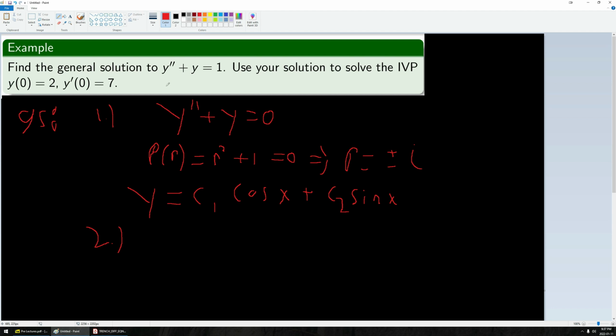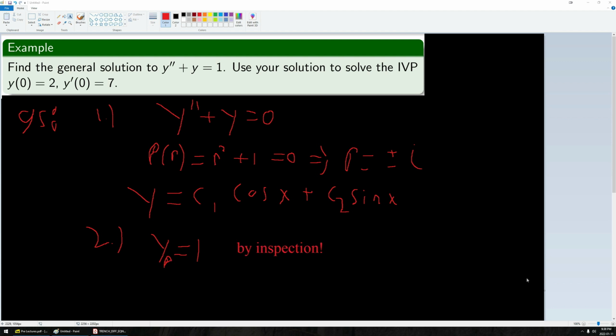Can I think of a function that has that property? Well, if y is equal to 1, then if I plug it in here, I get a 1. And when I take its second derivative, it goes away. So if I let y be 1, that gives me a particular solution. So from here I can say yp equals 1 by inspection.